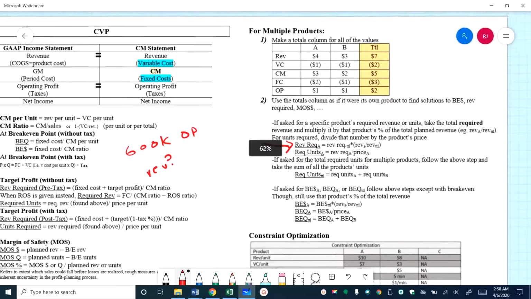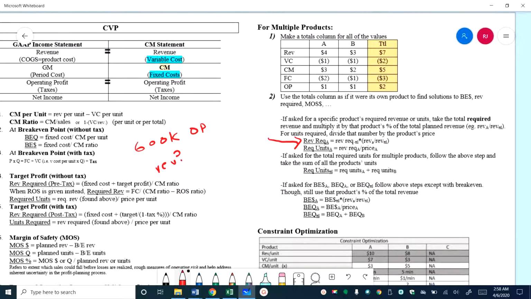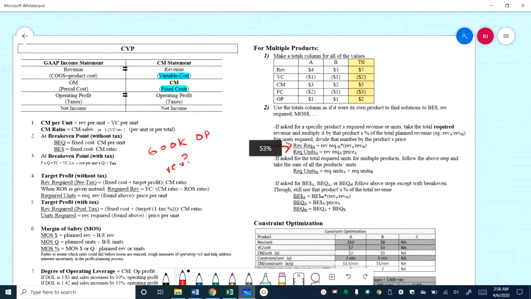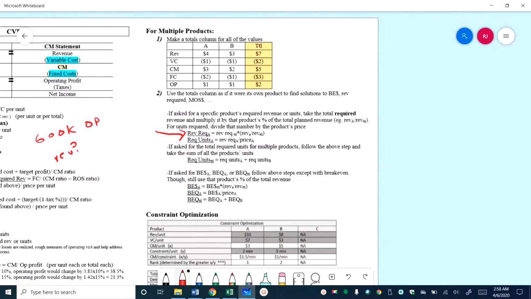So you would do this for the whole company just by plugging in this total column numbers, but if it asks for item A, you'd have to do this. So you would first have to find the total revenue required. If you have that 600,000 operating profit that you need, then you may figure out that you need $1 million in revenue required total. That's here, revenue required total.